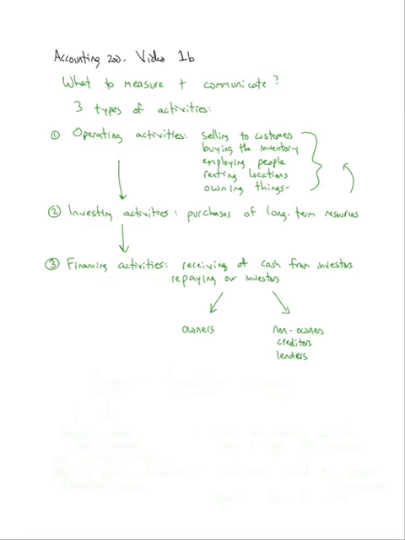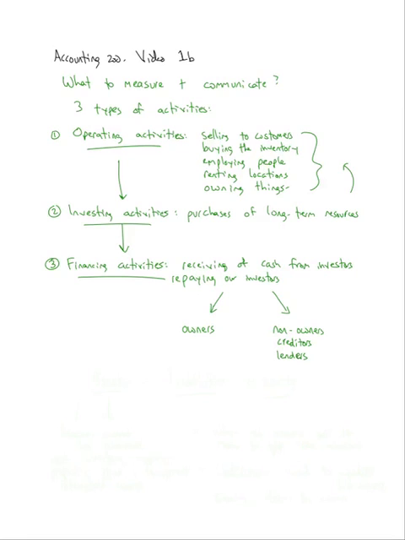These are people who provide money to the business but don't have an ownership interest in the business. There are three types of activities: operating activities, investing activities, and financing activities. We will, of course, get into much more detail in these as we go throughout the semester.